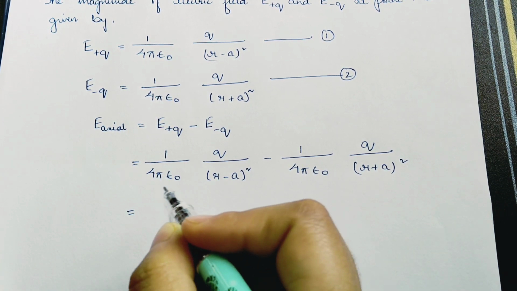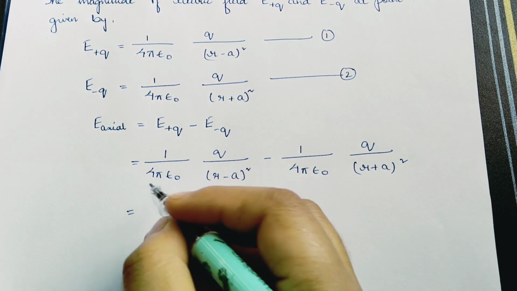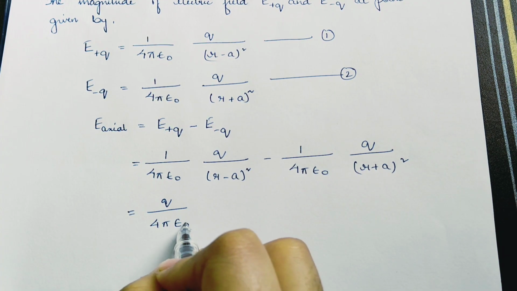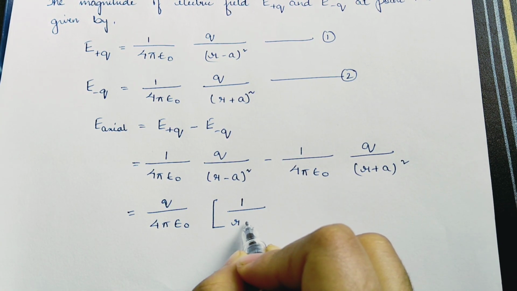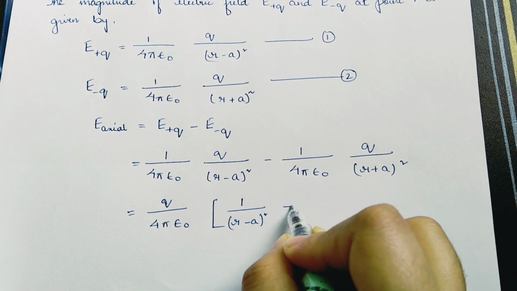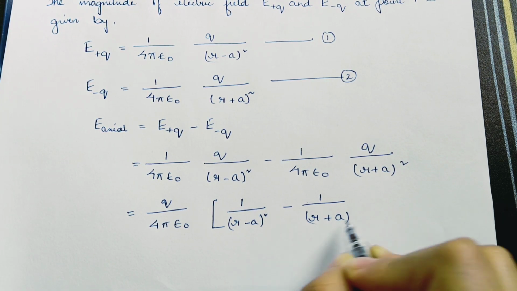Now we will take out the common factor, q by 4 pi epsilon naught, and inside the bracket we're left with 1 by (r minus a) squared minus 1 by (r plus a) squared.